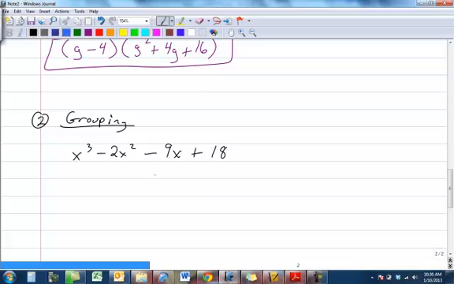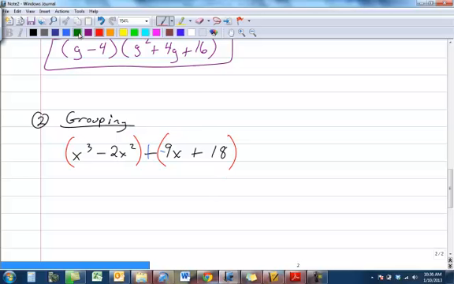Since there's 4 terms here, that's how you recognize to do it by grouping. When there's 4 terms, you're going to make 2 groups of 2. Make sure there's a plus between them. So let's make this plus negative 9x, and notice that 18 doesn't get it because there's no parentheses yet. Then make a group of 2. So there's 2 groups of 2.